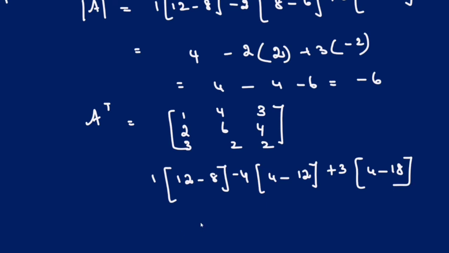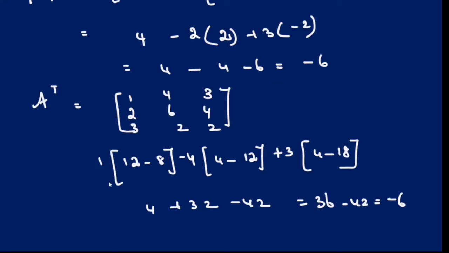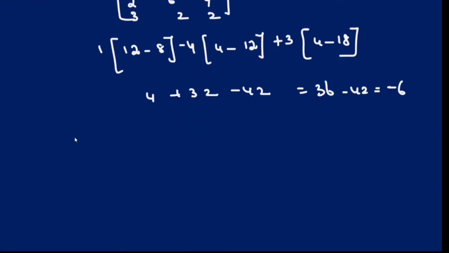So that is 12 minus 8 is 4, 4 minus 12 minus 8 into minus 4 plus 32, 4 minus 18 is minus 14 into 3 is minus 42. So 36 minus 42 is minus 6. So the value is not changed. So determinant of A and determinant of A transpose are both equal.